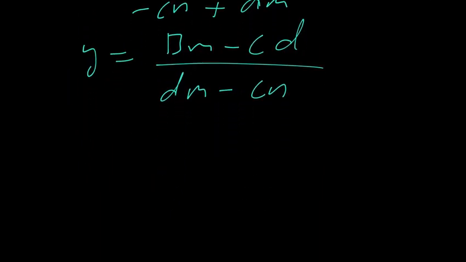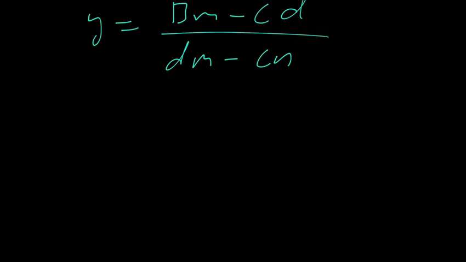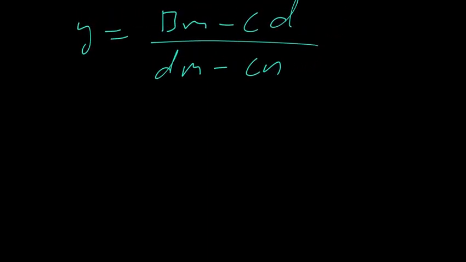Okay, so now we need to solve for x, and to do that I'm going to write down our first equation. So we had that a equals mx plus ny. I'm just going to solve for x as it is. We already did this earlier, but I'll do it again here. First we need to subtract ny from both sides.